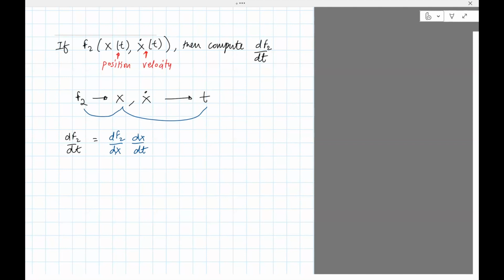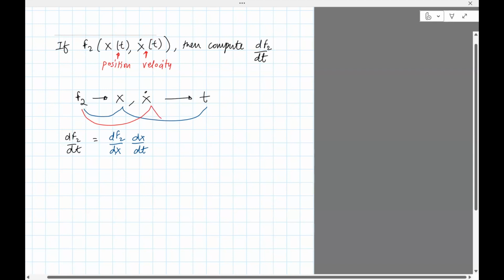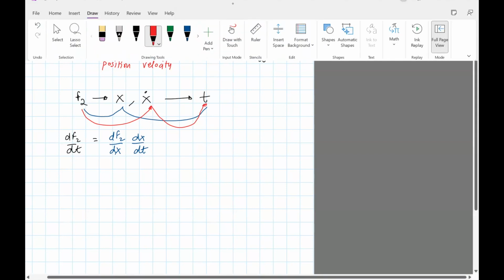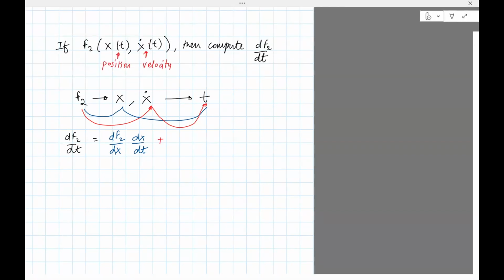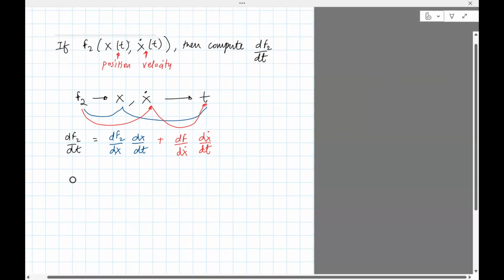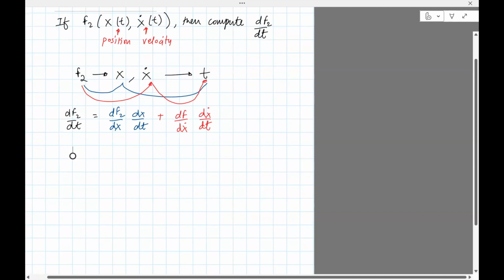Then I go again with the other variable, from f2 to x dot and then to t. That would be plus df2 dx dot, times dx dot dt. And of course, once you do it for 2, it's straightforward to go for 3, 4, however many you want. So here's an example.